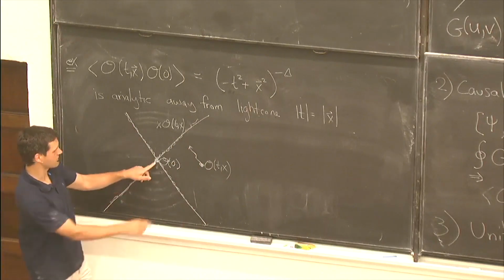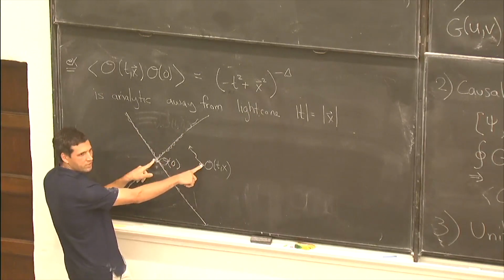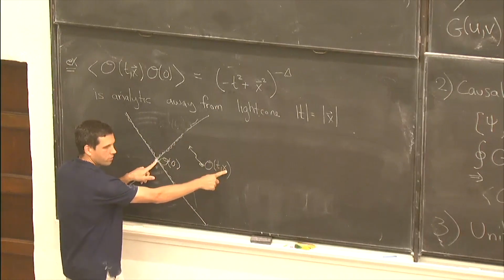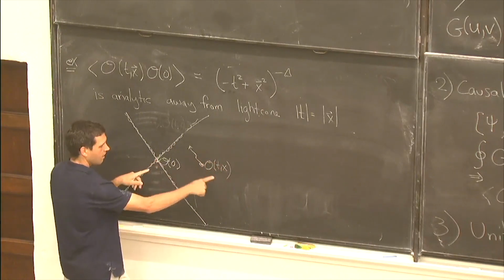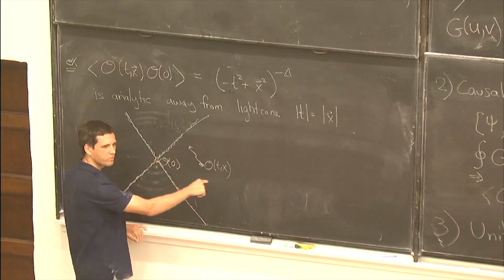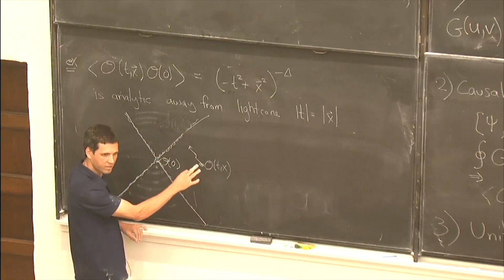Okay, so we start with the operators space-like separated, and we view this as an analytic function of the coordinates t and x. And now we keep this one fixed, and we start moving this point around in the space-time. It's complexified.